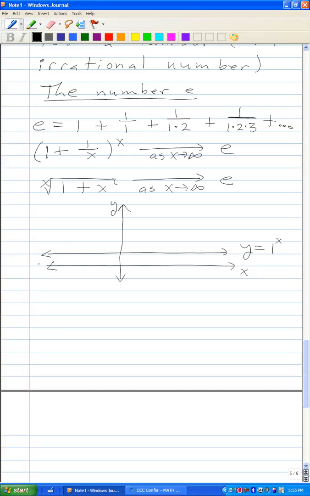Y equaling 2 to the x, y equaling 3 to the x, and we look here at the point 0.